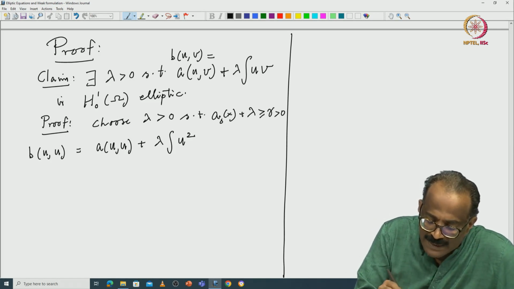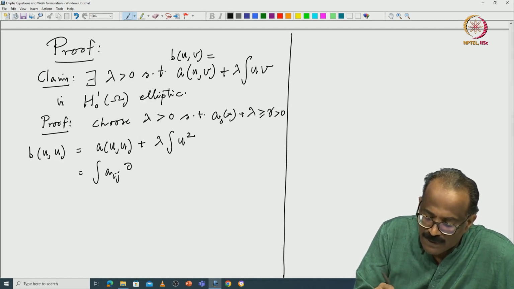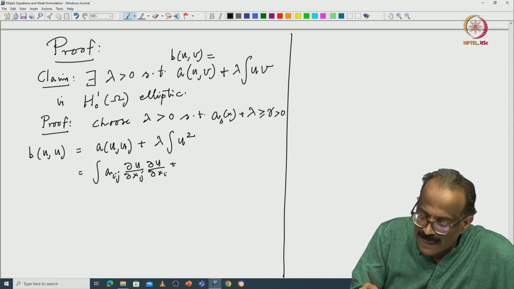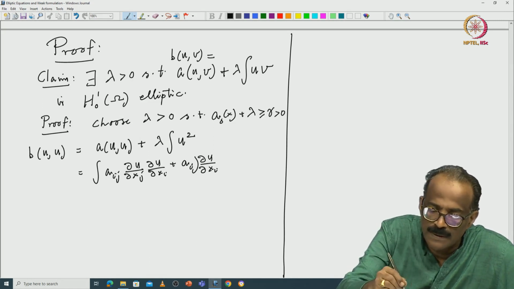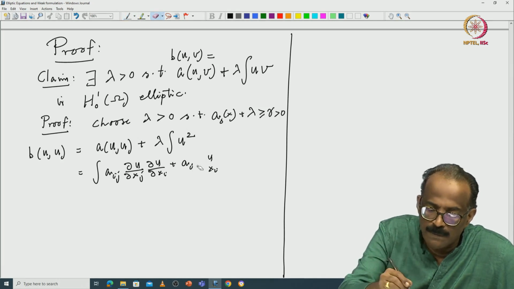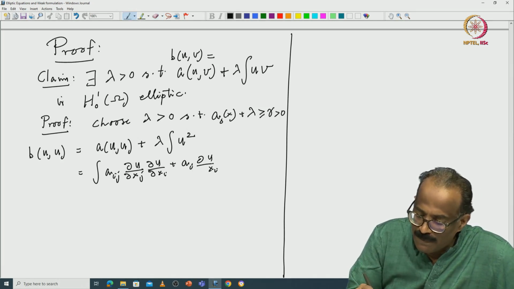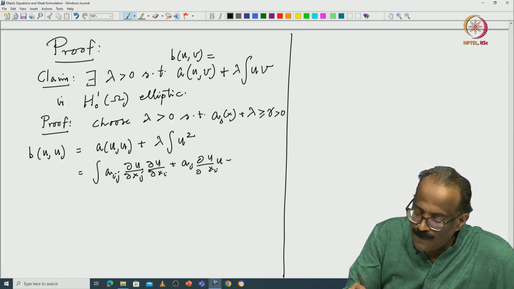So, you recall this estimate. What is this a(u,u)? Integral of a_ij, let me not write all the time, du by dxj du by dxi, plus a_i du by dxi u, plus A naught plus lambda, I put it together, integral of u square.